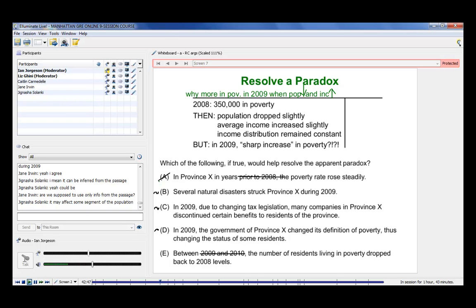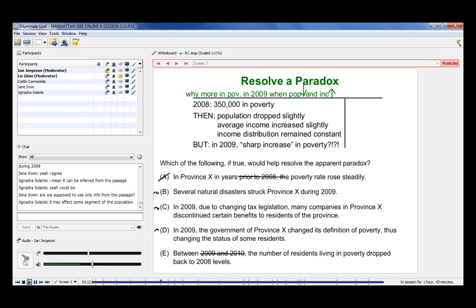So in other words, and I'll just give away answer choice B, if B had said several natural disasters struck Province X during 2009, forcing many people into poverty because of the destruction of their homes. They didn't say that. Is it possible to have a natural disaster and not really have people become poor as a result?